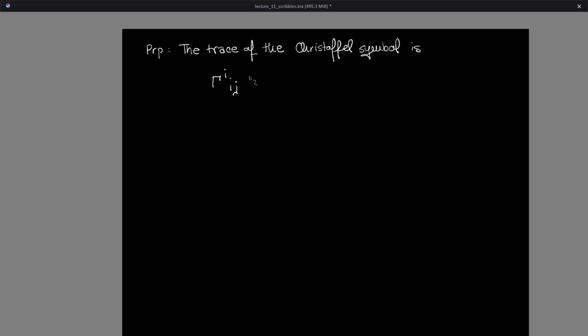We're doing it in terms of components because if you remember from lecture 9 and 10, the trace is very difficult to express in non-coordinate notation. So we're using coordinate notation right now, which is fine because the Christoffel symbol is a very coordinate dependent object in the first place. It's not a tensor.